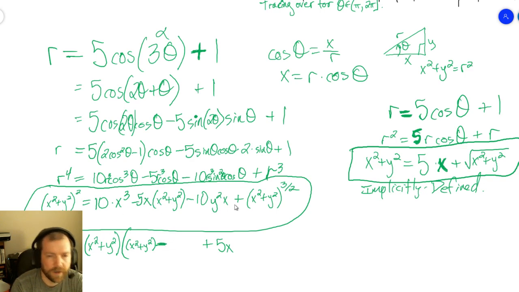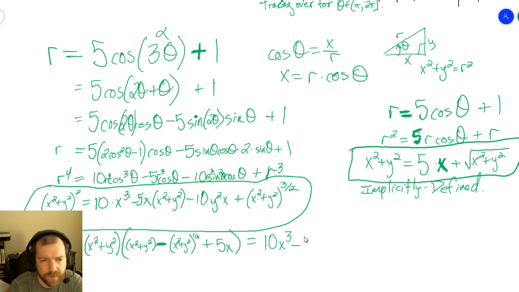We factor out 1 x squared plus y squared, so we're left with a 1/2 as an exponent. And on the other side you've got 10x cubed minus 10xy squared. Yeah, I don't think we're going anywhere with this, so it's fine.